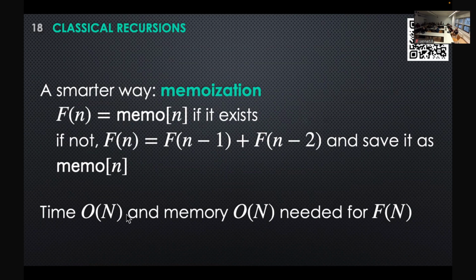But to write down all the results, you will need a memory with space that scales with n. So memoization converts exponential circuit depth and constant circuit width into linear circuit depth and linear circuit width, in my language.